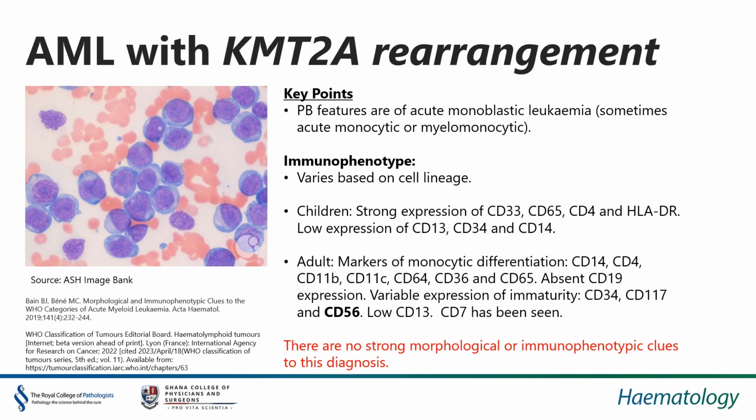So the key points I think from this are obviously that the peripheral blood features are that of acute monoblastic leukemia, sometimes acute monocytic or maybe myelomonocytic. If we look at the phenotype, this can vary based on the cell lineage. In children, we usually find a strong expression of CD33, CD65, CD4, and HLA-DR, with a lower expression of CD34, 13, and 14.